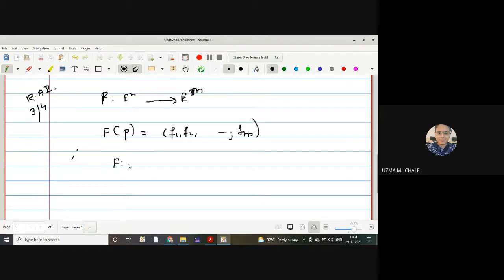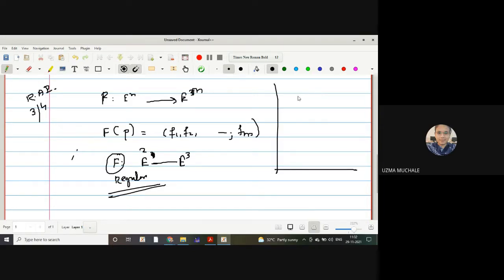Now let us take an easy example. Let us define a mapping from E2 to E3, and if I want to say that this mapping F is a regular map, before that we must know what a regular curve is.